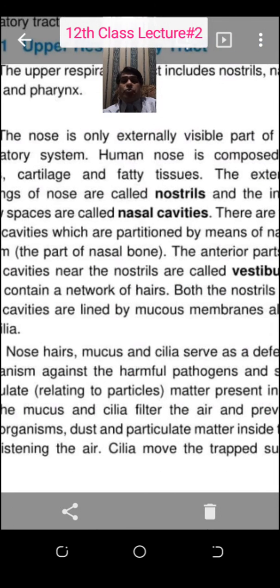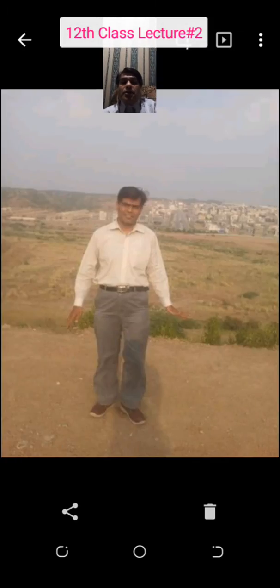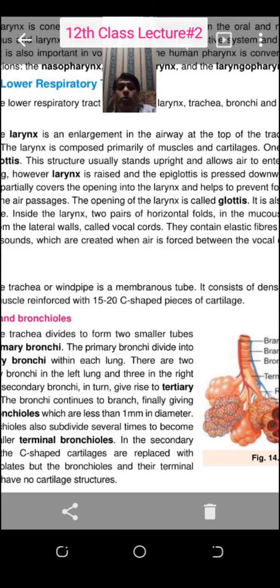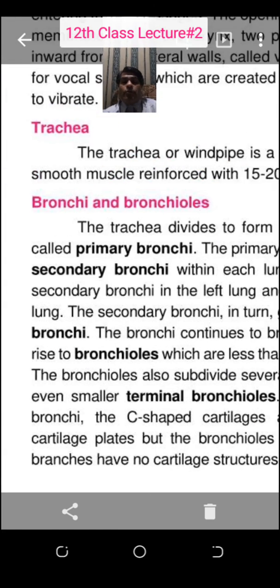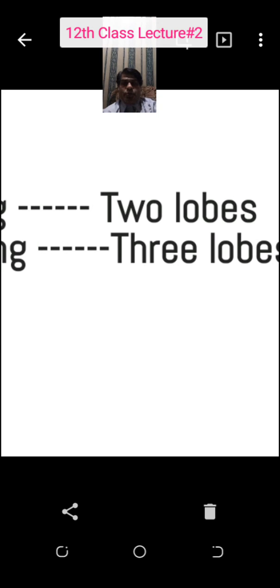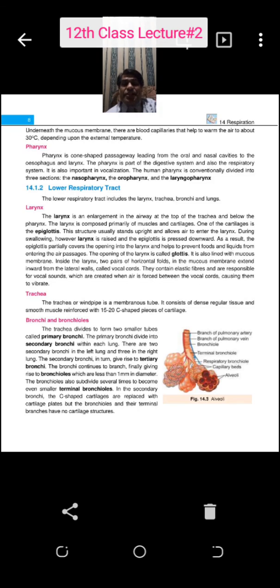Now go back to the information I want to share, students, about the left lobe and the right lobe. Once again, the left lung has 2 lobes and the right lung has 3 lobes. What is the advantage of these lobes?